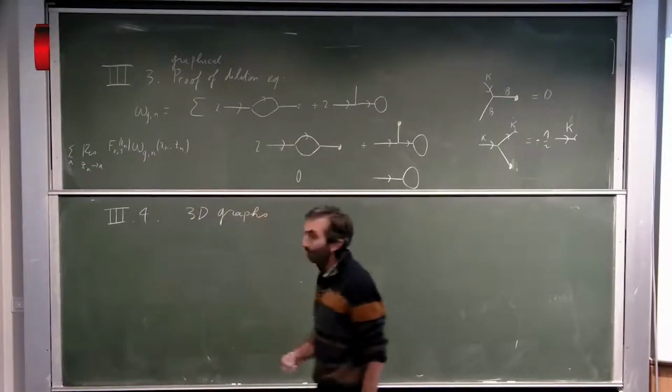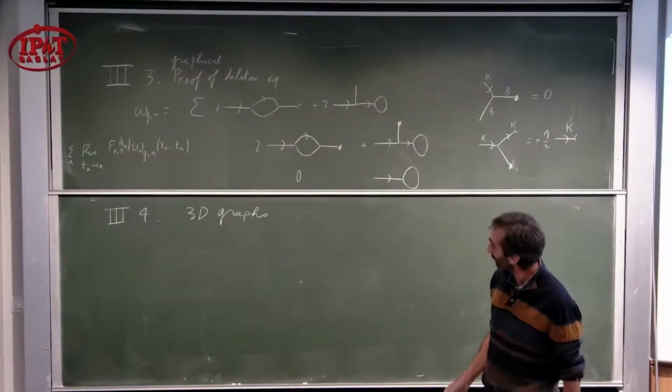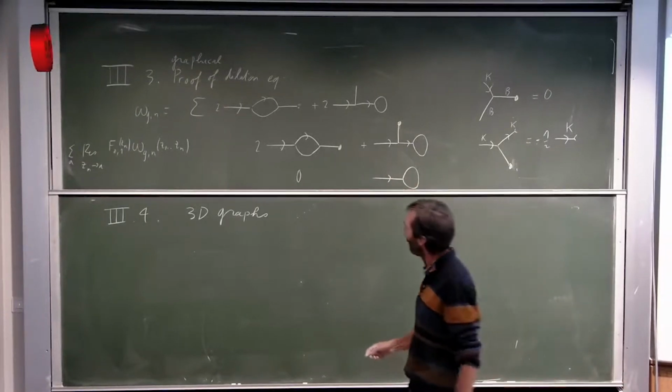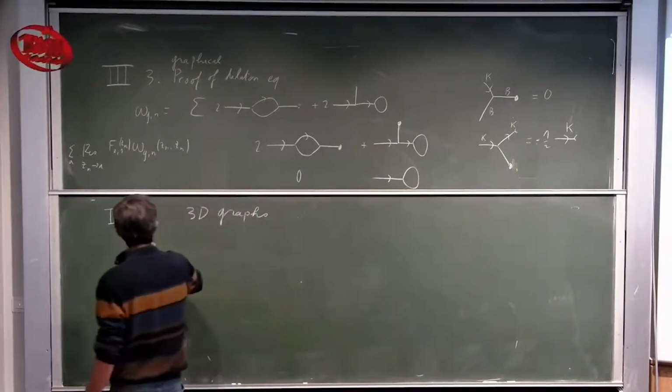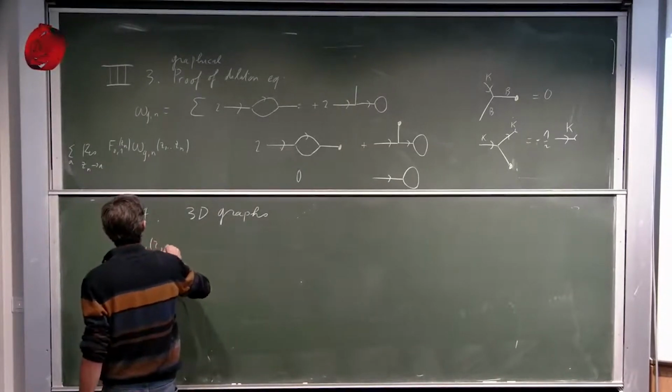So now let me review all these graphical representations again, but instead of writing graphs with edges and vertices, let me represent things now with omega g n, or z1, zn.